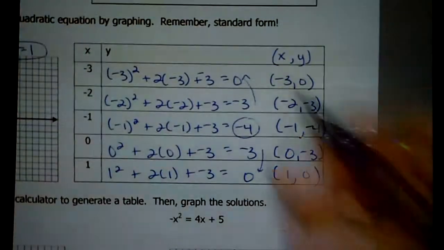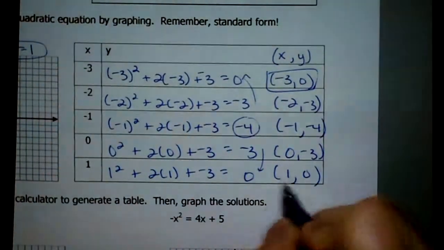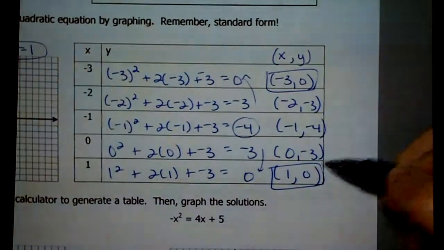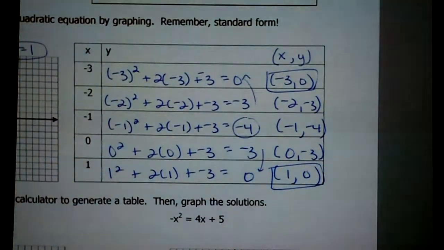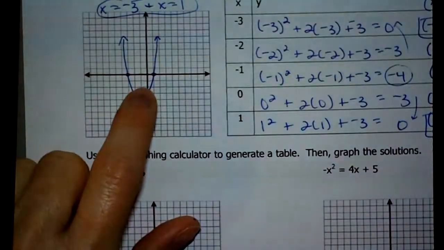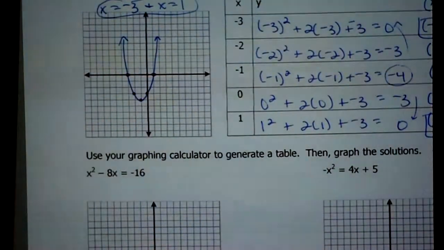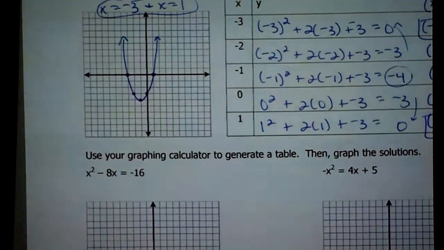In looking at the table, we can also tell that those are the solution points because those are the 2 times when y equals 0. And when y equals 0, that's how we get our little x-intercepts. Okay? So in looking at a graph where it touches the x-axis, those are the solutions. You can have 2 solutions, 1 solution, 0 solutions, and I'll show you what all of those look like.